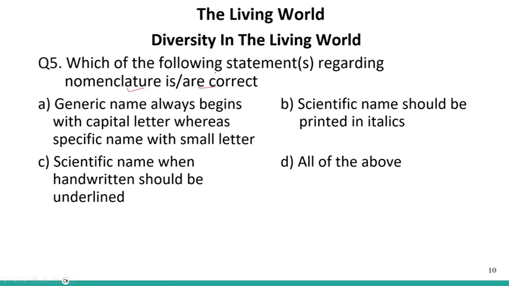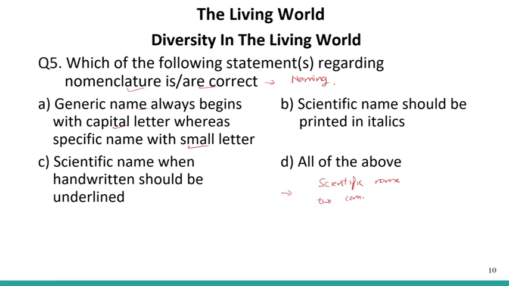Nomenclature, what is nomenclature? Naming of the organism. The first option is generic name always begins with a capital letter, whereas specific name with a small letter. If we talk about the scientific name or the biological name, it consists of two components.